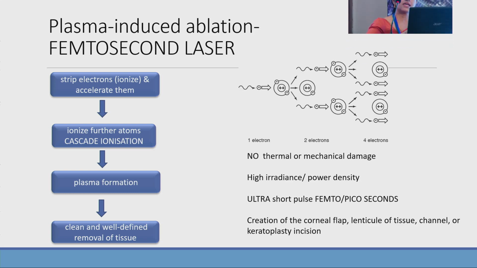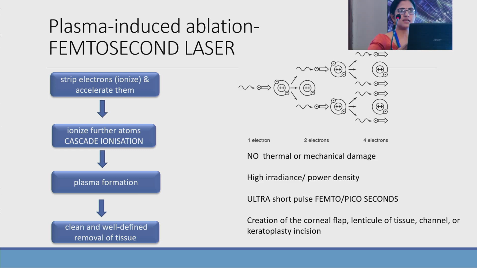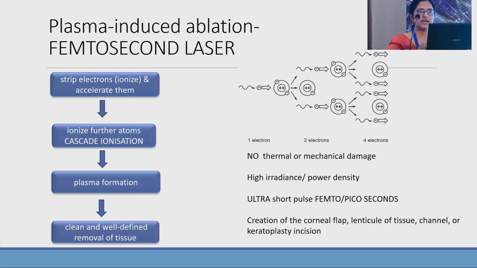These electrons strike other atoms, causing further ionization. So a cascade of ionization happens and plasma is produced. And we get a clean, well-defined removal of the tissue. No thermal damage, and ultra-short pulses of femto or picoseconds are usually used. Examples are creation of corneal flap, keratoplasty, then laser cataract surgery.